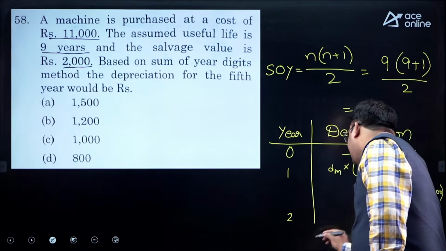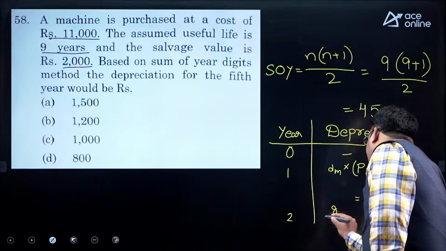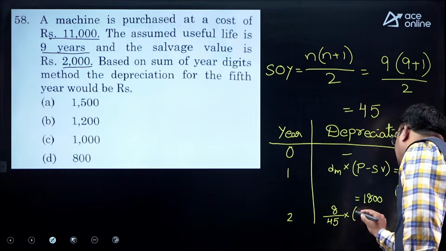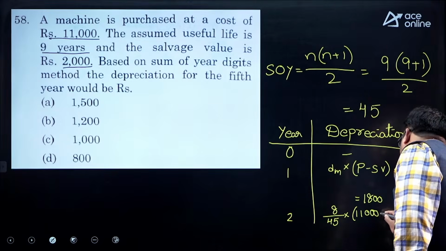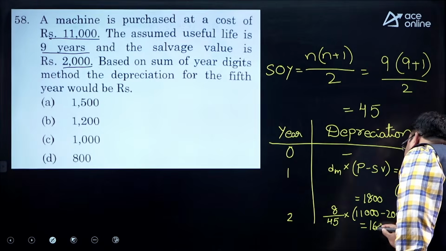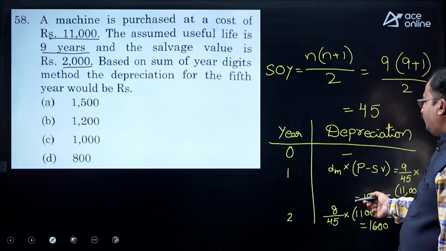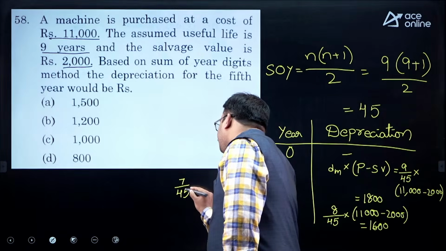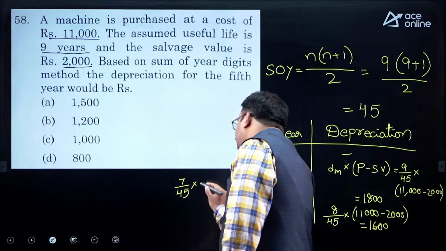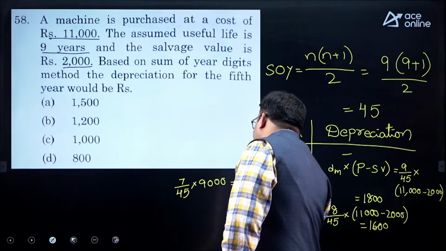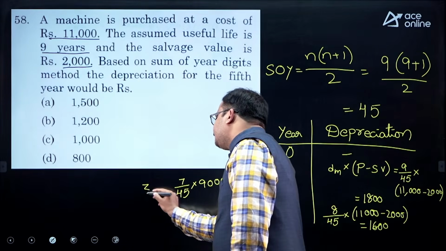Similarly, in the second year, you will take 8 by 45 into 11,000 minus 2,000, so this will be 1600. Next, you take 7 by 45 into 9,000 and get 1400 rupees as the depreciation in the third year.